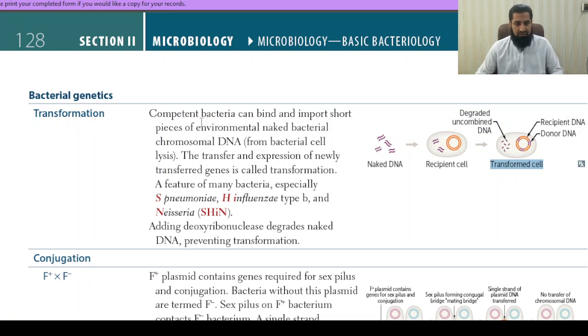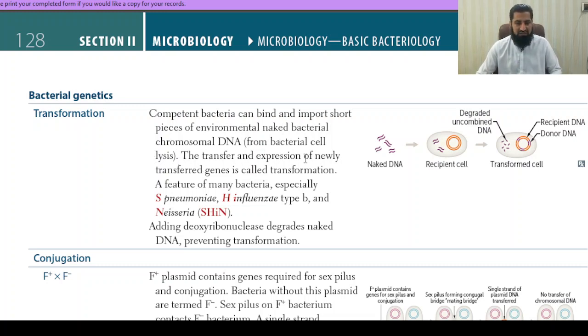In transformation, competent bacteria can bind and import short pieces of environmental naked DNA, naked bacterial chromosomal DNA from bacterial cell lysis.